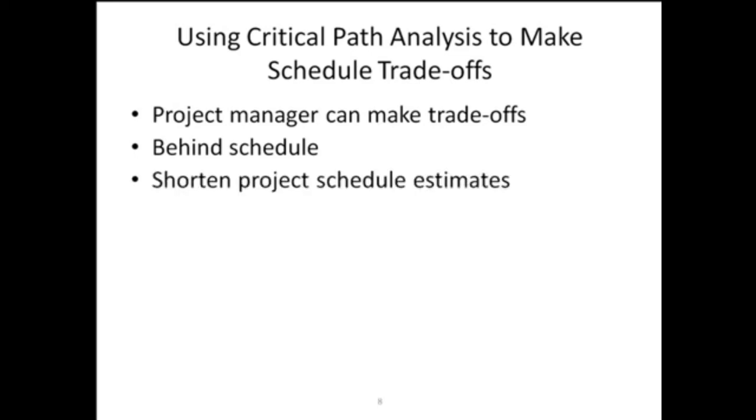It is also common for project stakeholders to want to shorten project schedule estimates, so you need to know what the tasks are on that critical path. So the project manager can make trade-offs to keep from becoming behind schedule, and then allocate between dependencies if they need to shorten project estimates.